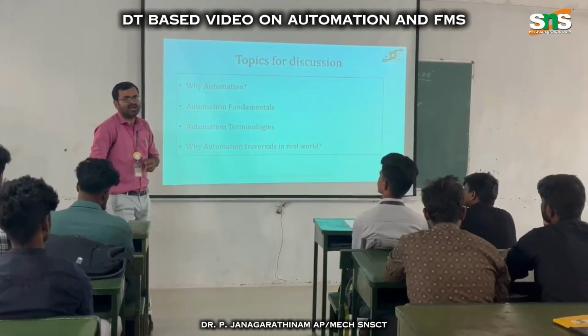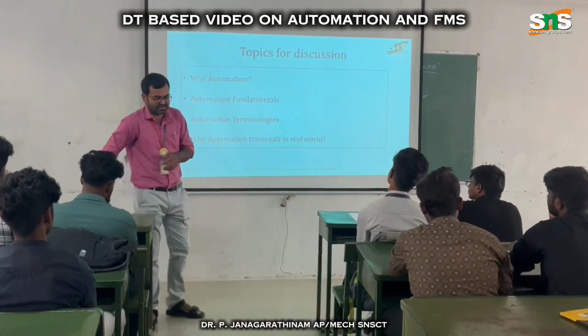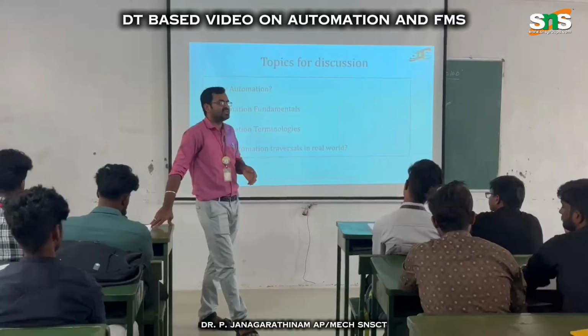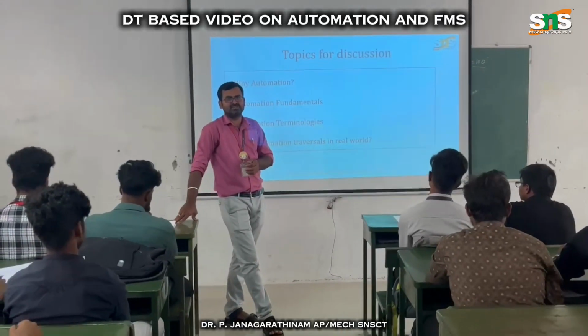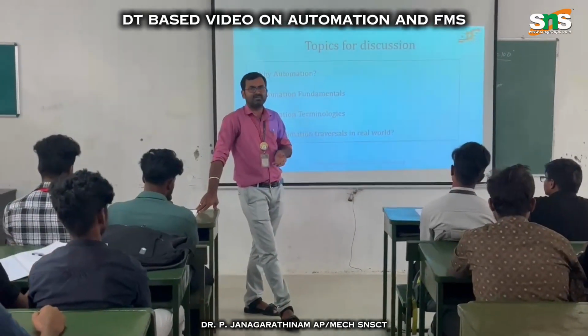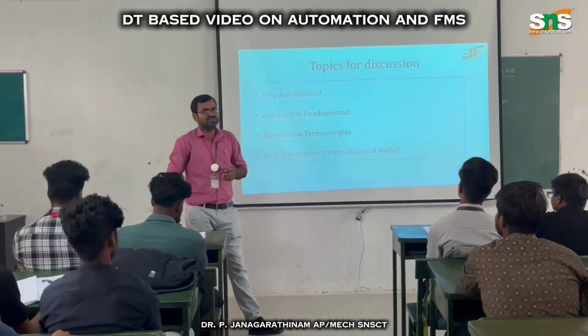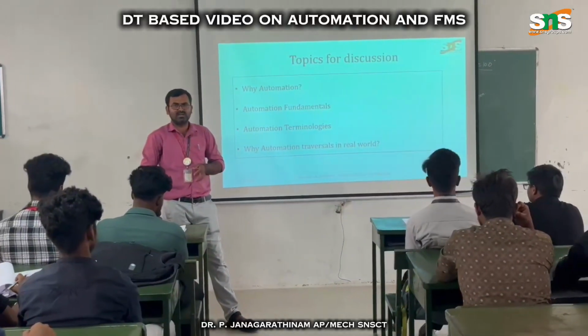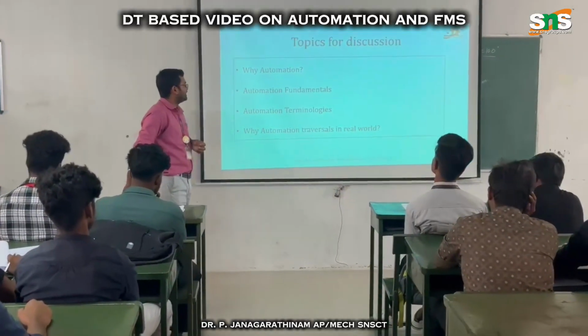The next one is automation fundamentals: how we incorporate the automation system. Basically, we have different types of automation like soft automation, hard automation, and semi-automation. So a number of automation systems are there. Then next, automation technologies.